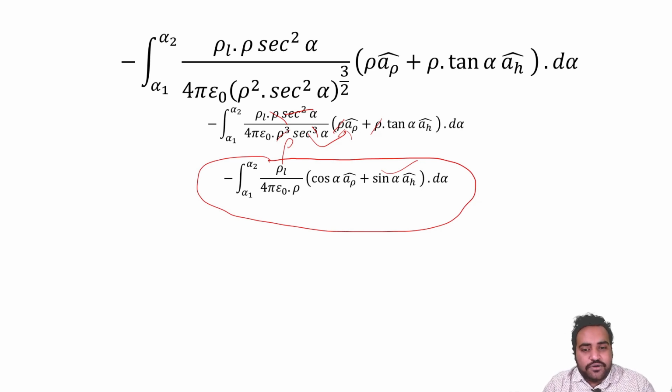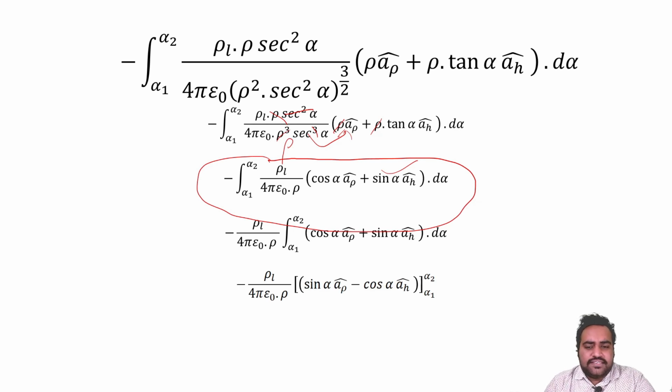Still, because we still have to integrate, integration of cos alpha would be sin alpha, and integration of sin alpha would be minus cos alpha. So this is integration of cos alpha, minus integration of sin alpha, that is minus cos alpha.